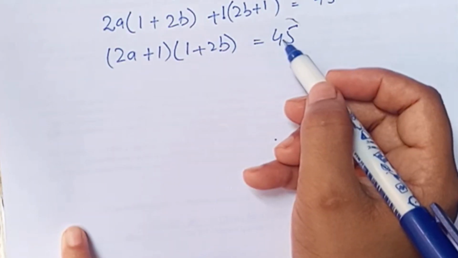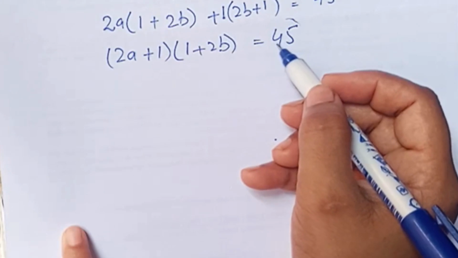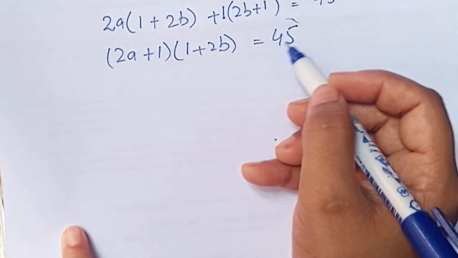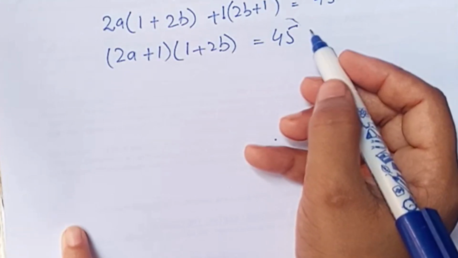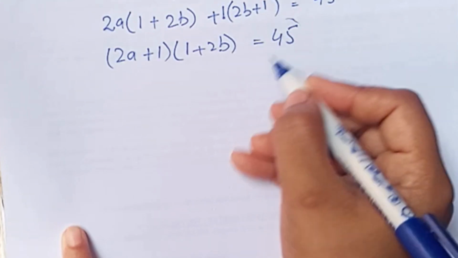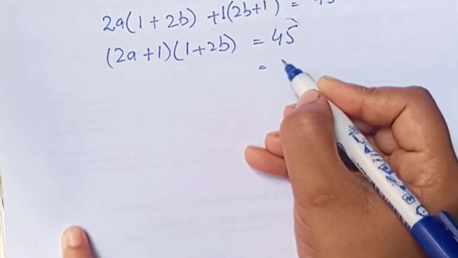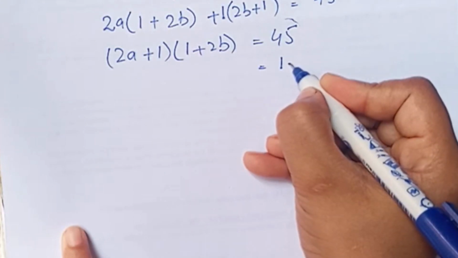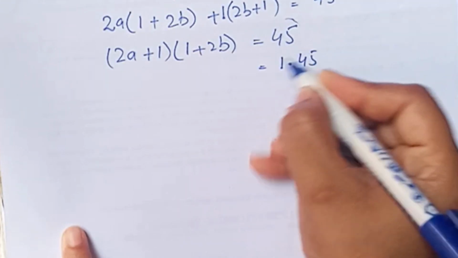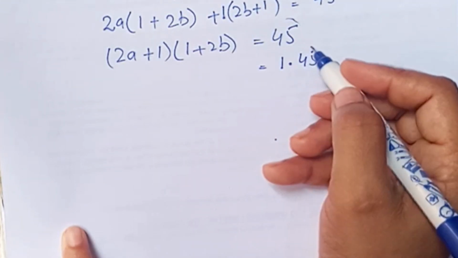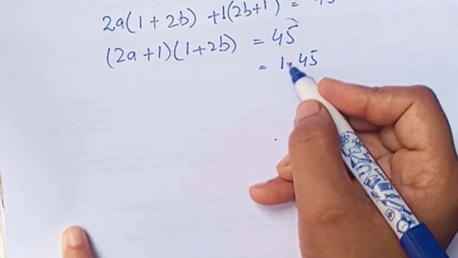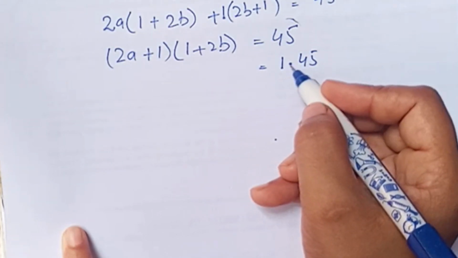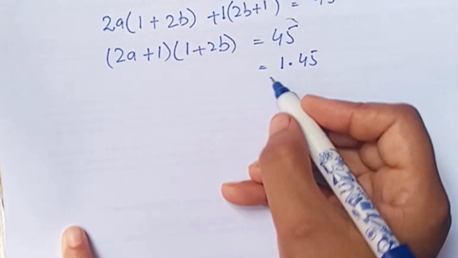That is why we split 45 into two numbers such that if we multiply these two numbers, we get 45. So the factors of 45 will be 1 multiplied by 45. In our question it is given that a and b are positive integers, so we cannot take a negative integer.